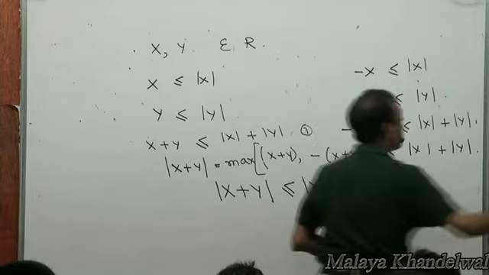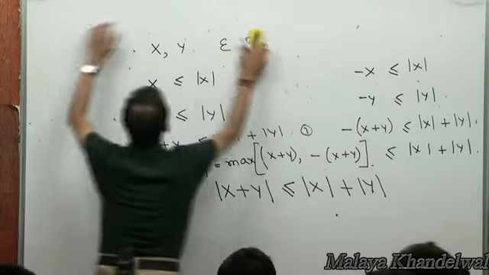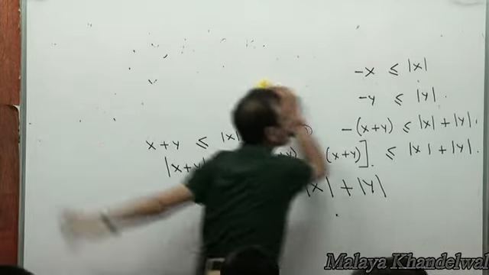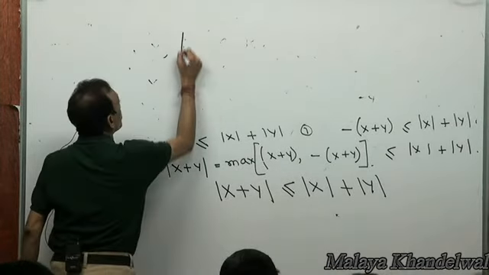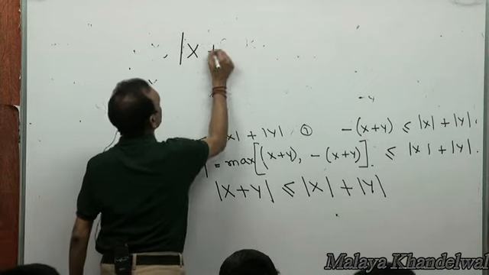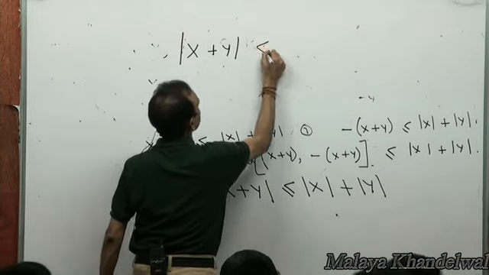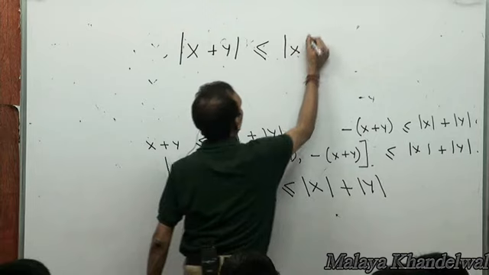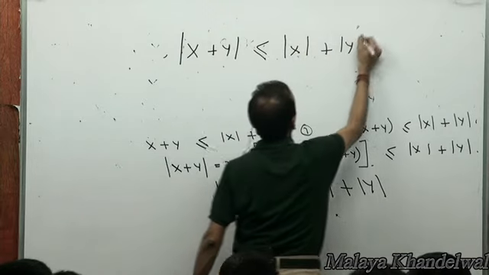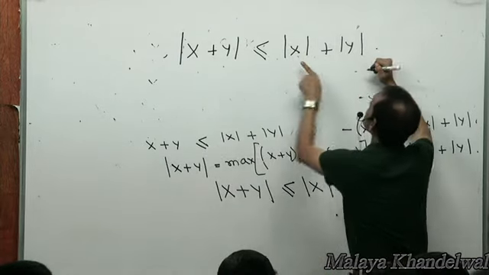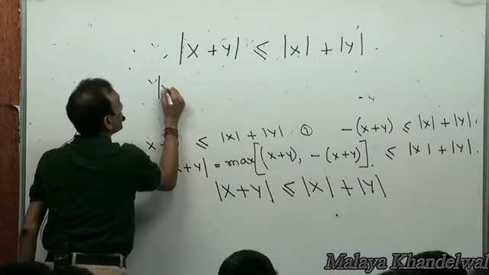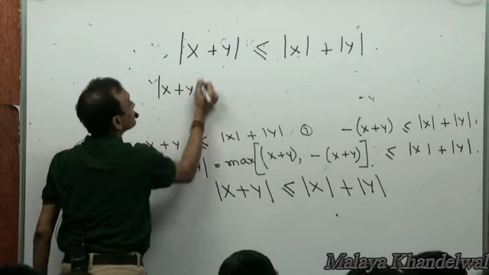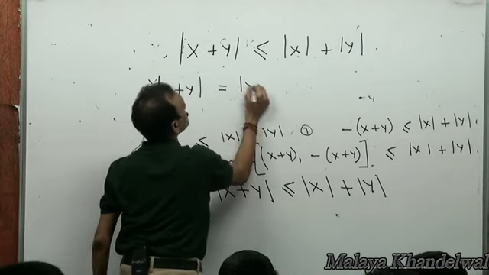And one thing which I would urge you to check on your own is the following. Like I said, mod of x plus y is less than or equal to mod x plus mod y. The question is, when are the two equal? That means when will mod of x plus y become equal to mod x plus mod y.